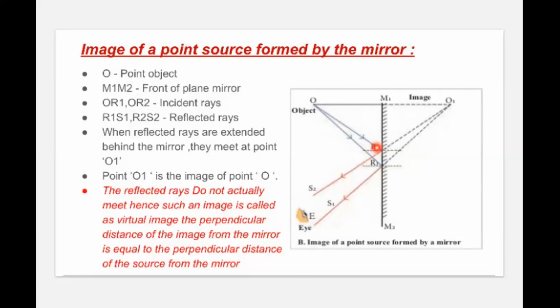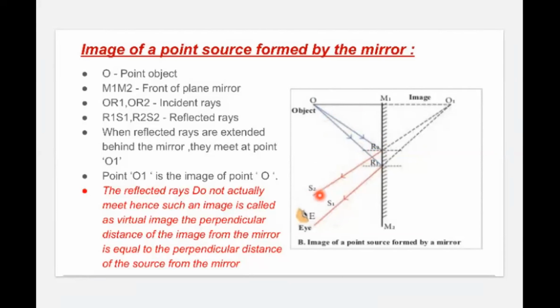This ray of light will be reflected as ray R2, S2, which is again shown with the help of a red line. To make this diagram very simple, the incident rays are shown by blue color and the reflected rays are shown by red color.